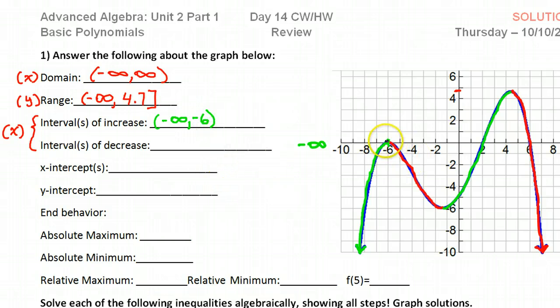Now, right at negative 6, it's neither increasing nor decreasing. It's increasing up to negative 6, it's decreasing after negative 6, but right at negative 6 is flat. So we leave this round to show that the negative 6 is not included in the increasing zone. So that's my first increasing interval. Notice negative 6 is an x value.